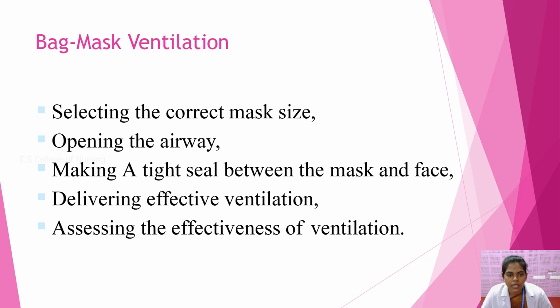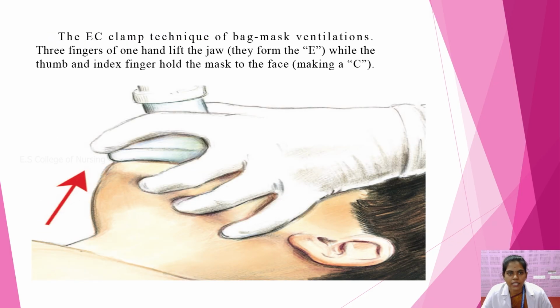Bag mask ventilation means selecting the correct mask size for the infant or newborn, then opening the airway and making a tight seal between the mask and face, delivering effective ventilation, and assessing the effectiveness of ventilation. This is the face mask placed on babies.